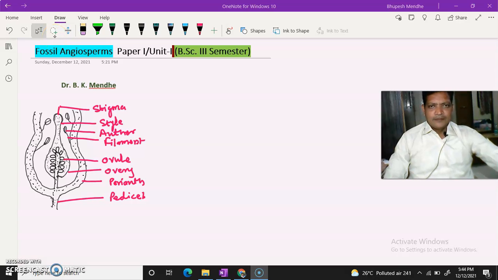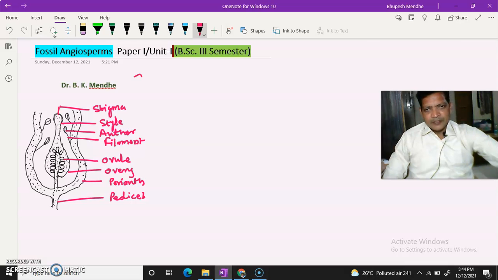Hello student, today we are going to discuss some of the fossil angiosperms that are included in your syllabus. There are two associated fossil angiosperms.